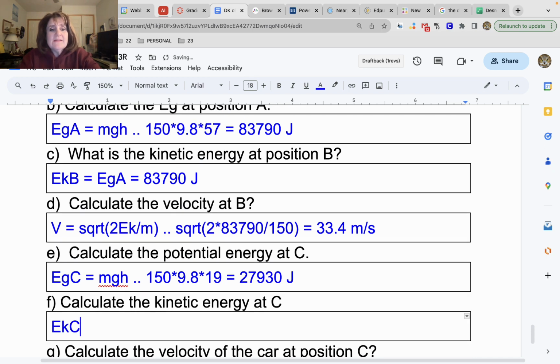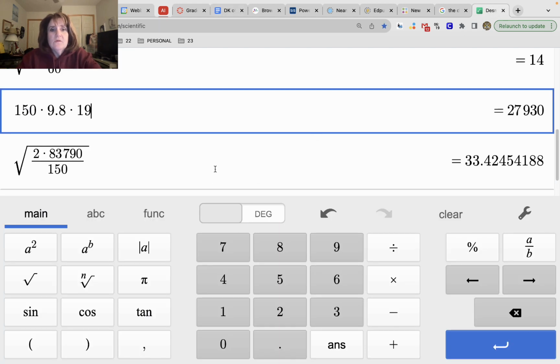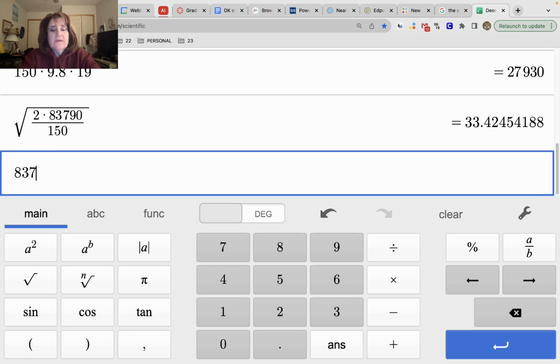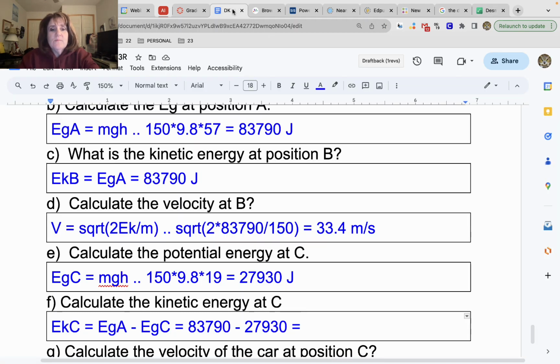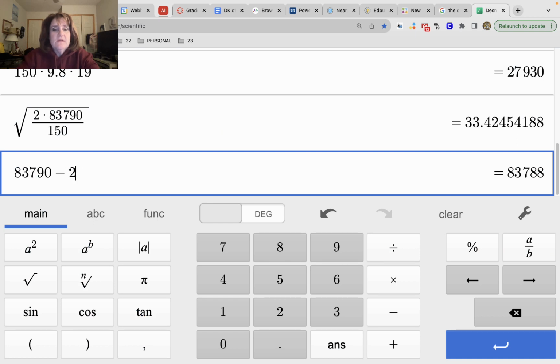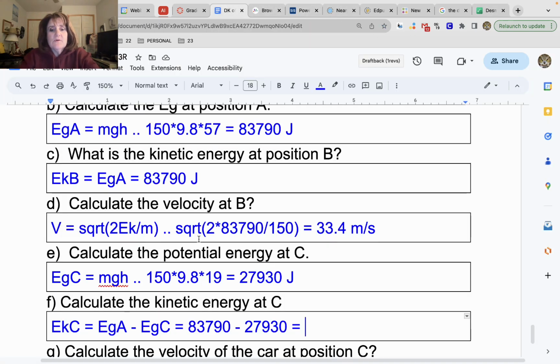So the EK at C is equal to the EG at A minus the EG at C, which is equal to 83,790 minus 27,930 to be 55,860 joules.